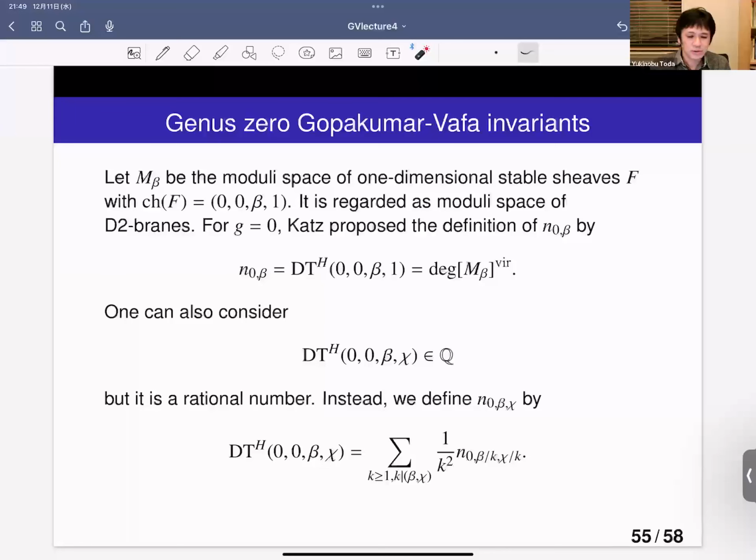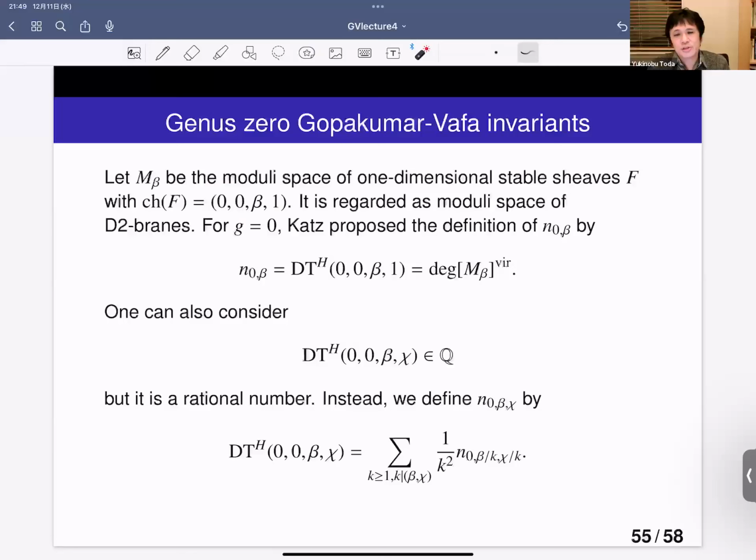Mathematically, one interpretation is that we consider the moduli space of one-dimensional stable sheaves F with this Chern character. This moduli space also appeared in my previous lecture. The choice of the Chern character is (0,0,beta,1).